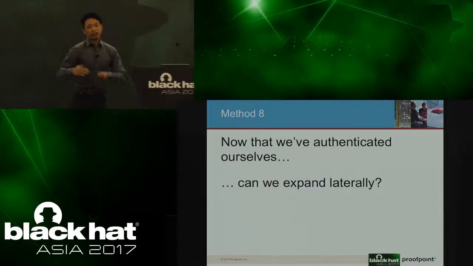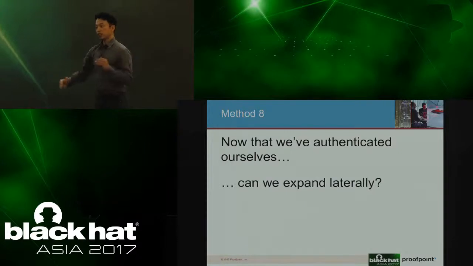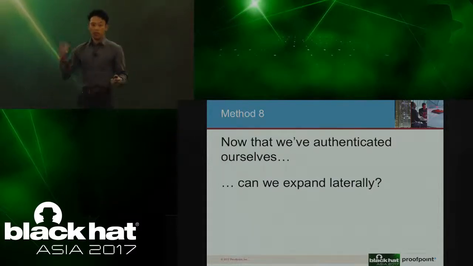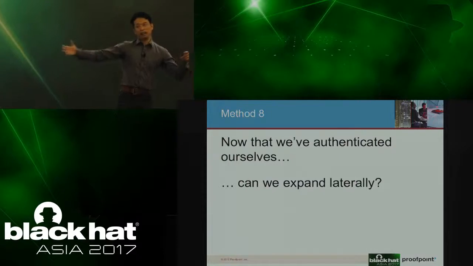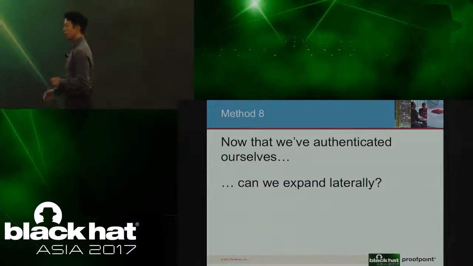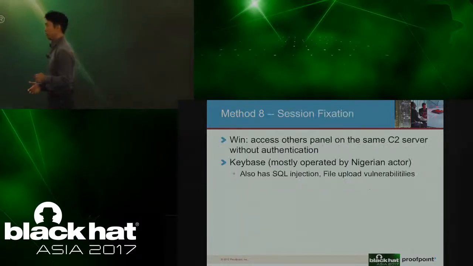Okay, so let's assume that through some techniques, we have authenticated ourselves into a command and control panel. So we've identified the C2 URL and we've authenticated ourselves. Can we expand laterally? Is there a need to expand laterally?